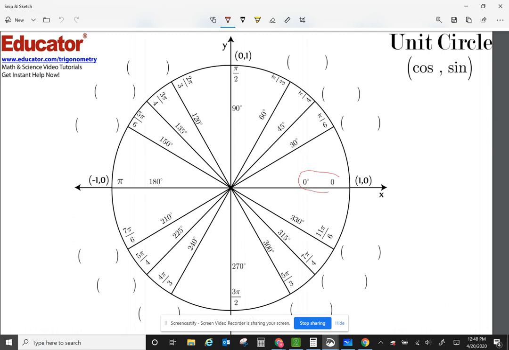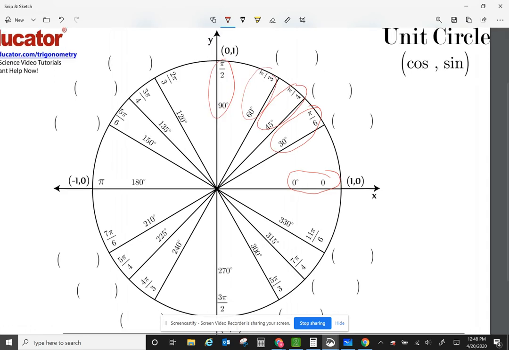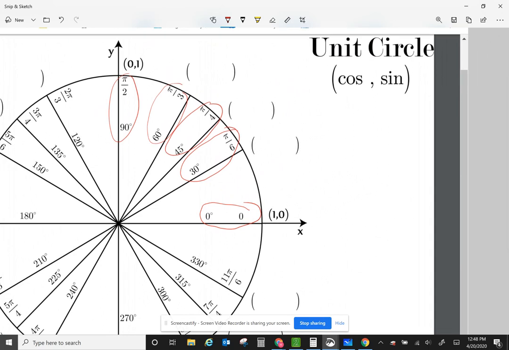Notice how I'm giving you the measurement in either degrees or radians. I already simplified that the first one is 1, 0. Cosine is 1, sine is 0. Now, what about for 30 degrees? My cosine is radical 3 over 2, and my sine is 1/2.